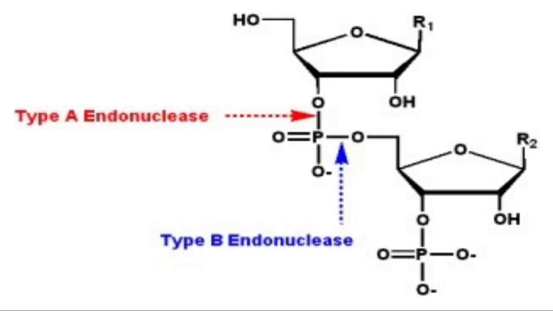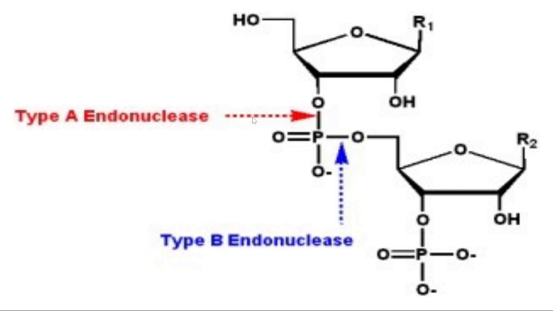Now, this is what we mean. When this type A endonuclease is attacking the nucleic acid, it is going to break these phosphodiester bonds. For instance, there are two ester bonds. This is the first one, and then we have the second one.